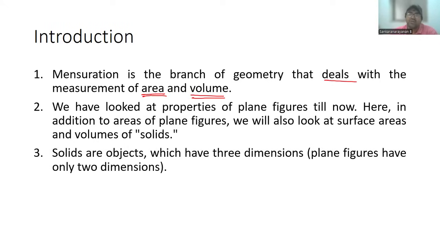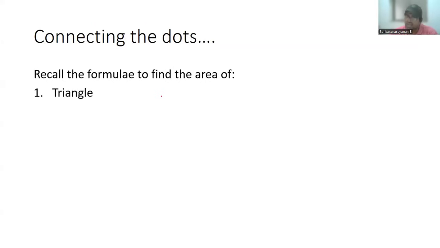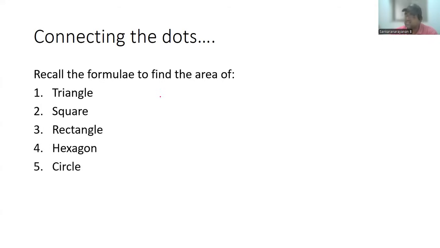Now the next thing I'm going to present, connecting the dots: you need to remember the various formulae that we have covered to find the area of a triangle, a square, a rectangle, a hexagon, a circle, and so on.